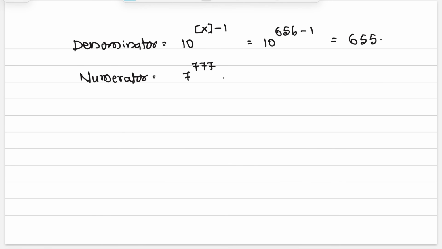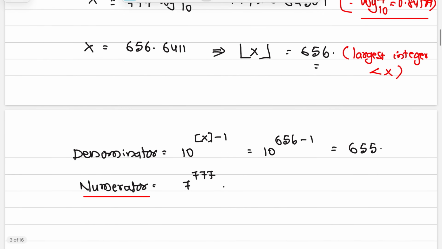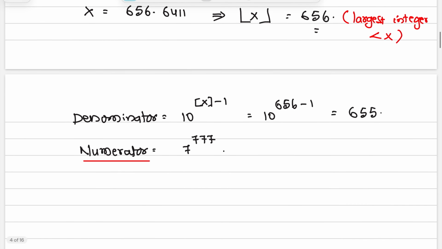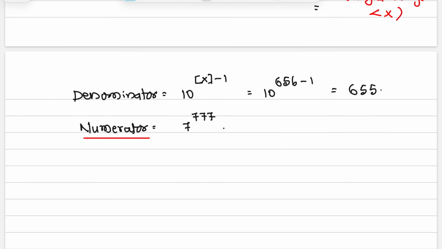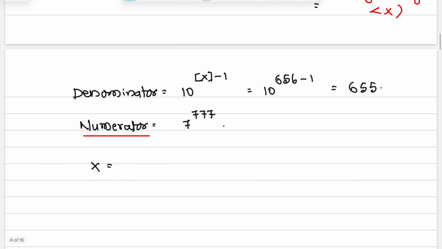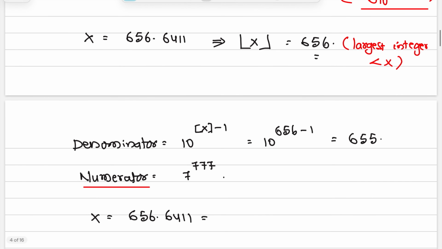We already know from our previous calculations, x is equal to 656.6411, which is 777 log base 10 of 7.